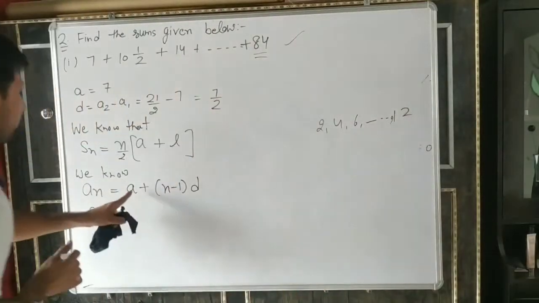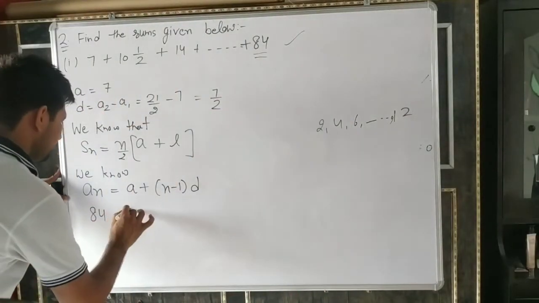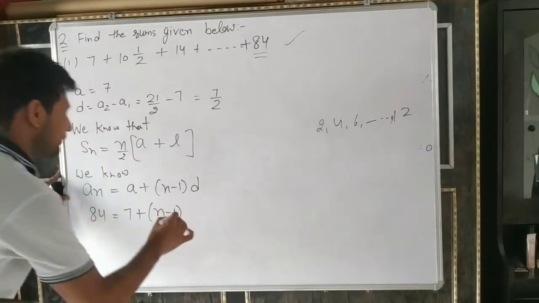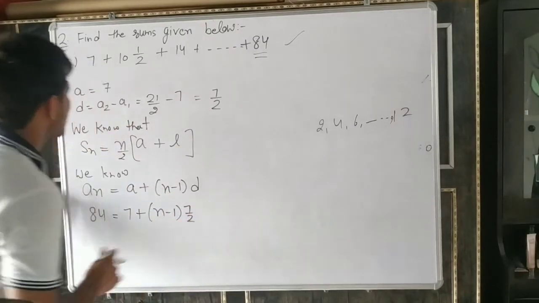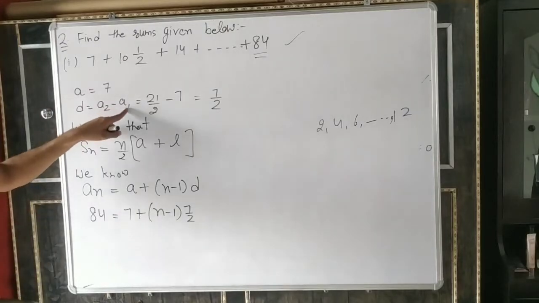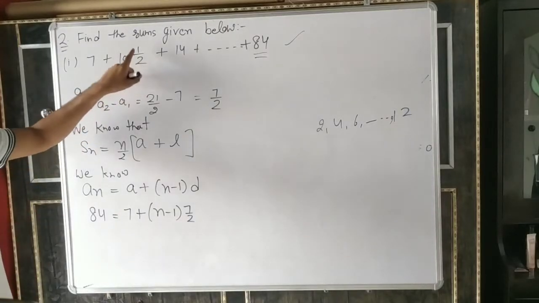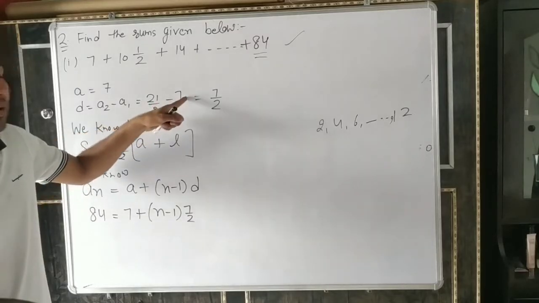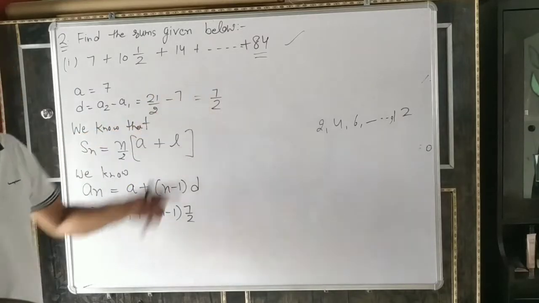So it is 84. a is 7, plus (n minus 1) into d. D you can find as a2 minus a1. a2 is 10 and 1 upon 2, that is 21 upon 2, minus 7. 7 into 2 is 14, 21 minus 14 is 7 upon 2.